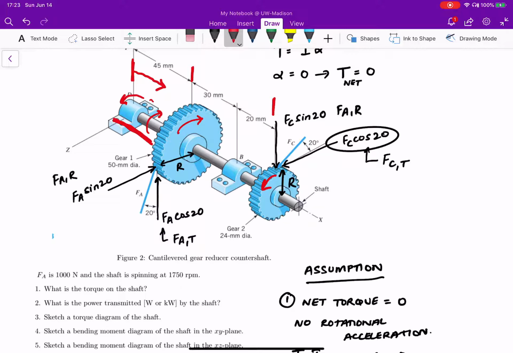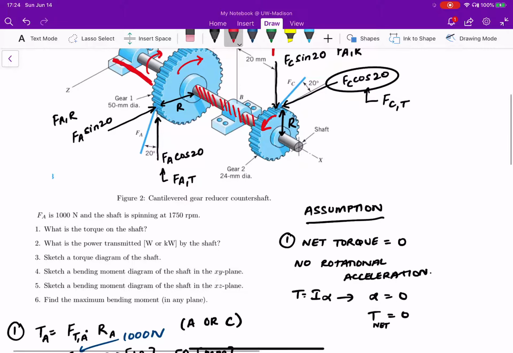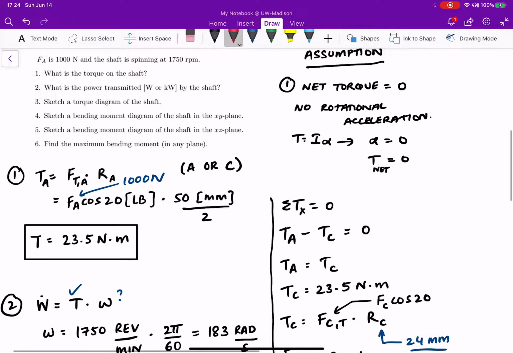Imagine if you had a pen and you twisted it clockwise on the writing side, and then counterclockwise on the clicker side. You're effectively twisting your pen. So between that, there's going to be some torsion in the bar, at some value for the torque. And we've already determined what that value is. It is 23.5 Newton meters.